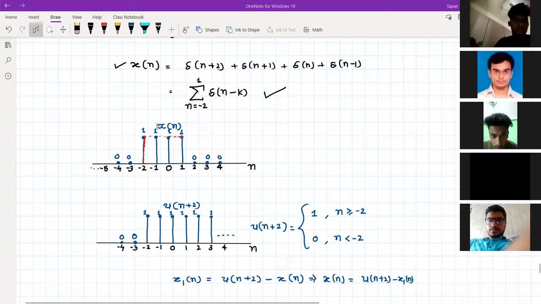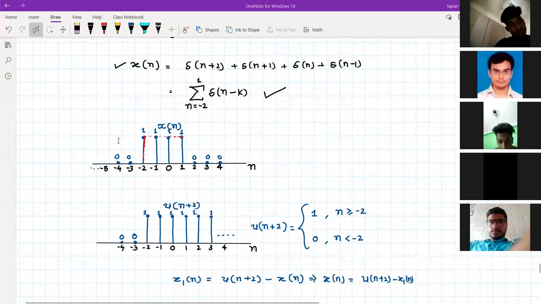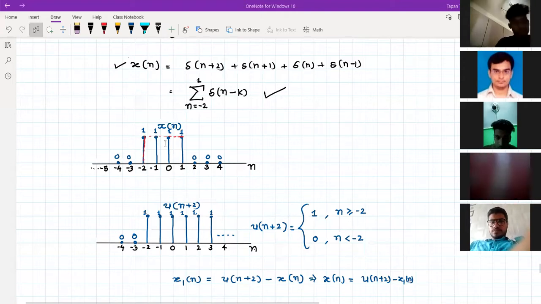By looking at the original function. It looks like a step function, but interrupted in between. So it is basically a rectangular function, and the rectangular function is obtained by the step function only.